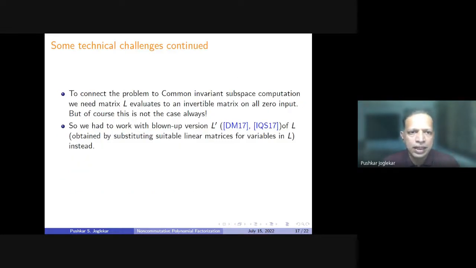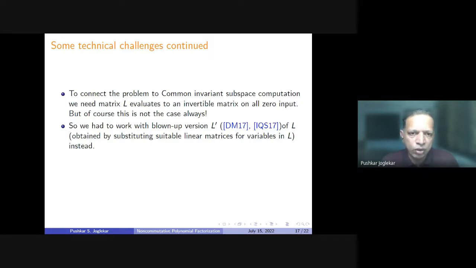The second challenge we face is to connect the problem of common invariant subspace computation with our problem of linear matrix factorization. We need to ensure that the linear matrix L evaluates to an invertible matrix on the all-zero input, as we will see in the next slide. But of course, this is not always the case.